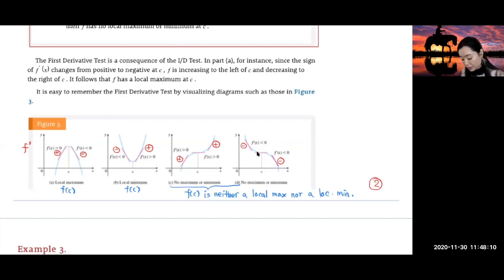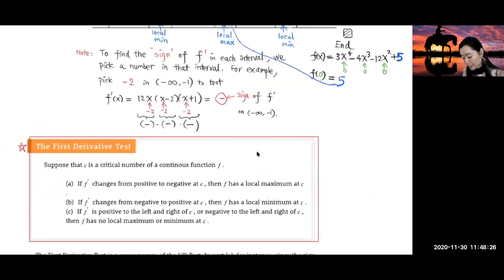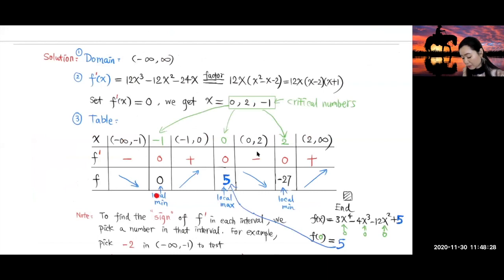If the first derivative is negative on the left, positive on the right, then this function value is the local min, etc. For me, I don't need to memorize this, because the table here makes it very clear, right? You can see that's a local min, and this is a local max. So I don't even need to worry about that.